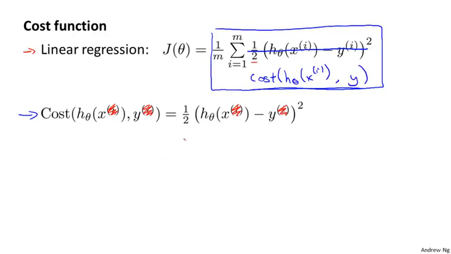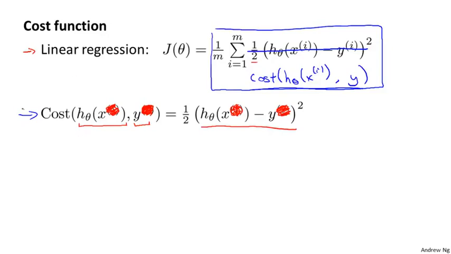And the interpretation of this cost function is that this is the cost I want my learning algorithm to have to pay if it outputs that value, if its prediction is h of x and the actual label was y. So let's just cross off those superscripts. And no surprise, for linear regression, the cost is 1/2 times the square difference between what it predicted and the actual value that we observe for y.